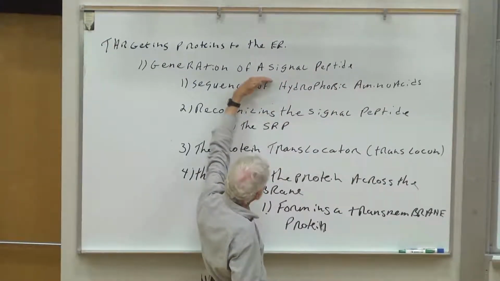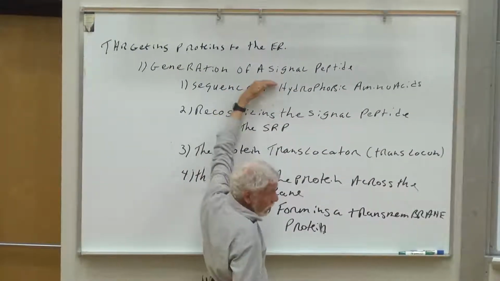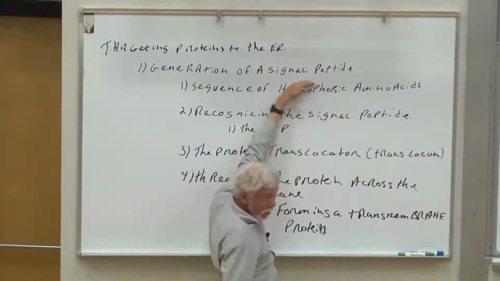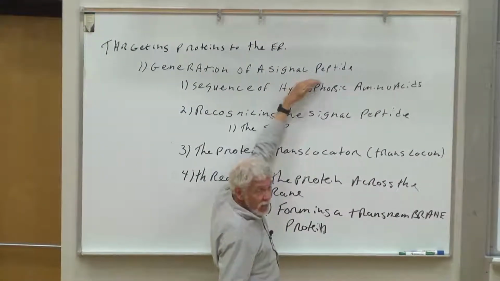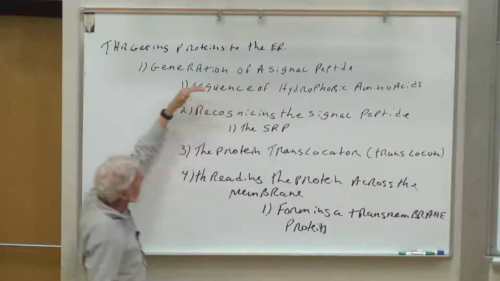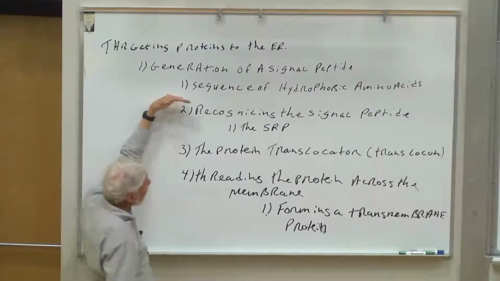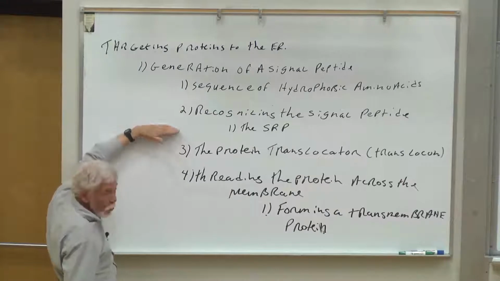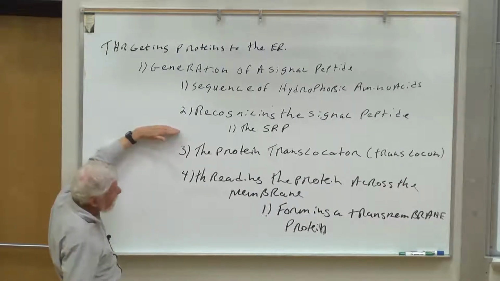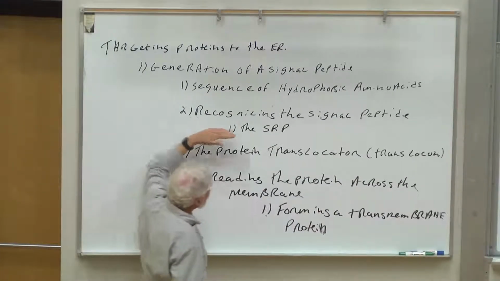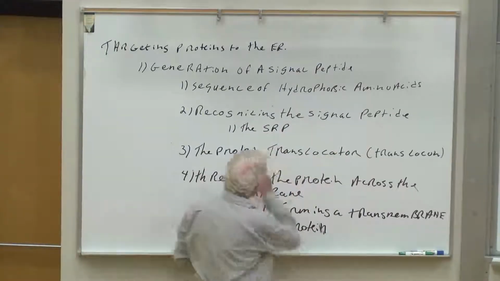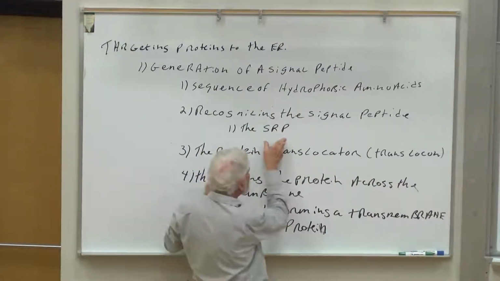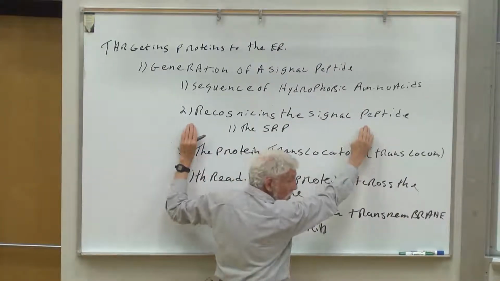If these are hydrophobic, they generate a signal peptide. Because it's hydrophobic, it can bind to another protein that's in the cytoplasm. This is called a signal recognition particle, the SRP. The SRP binds to the signal peptide.